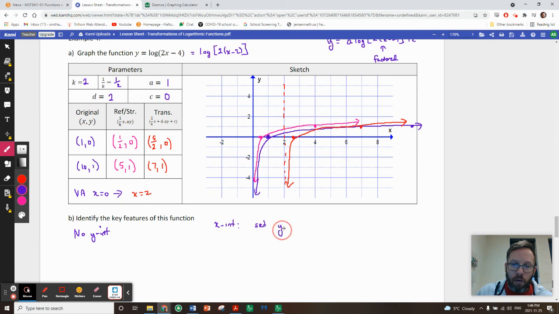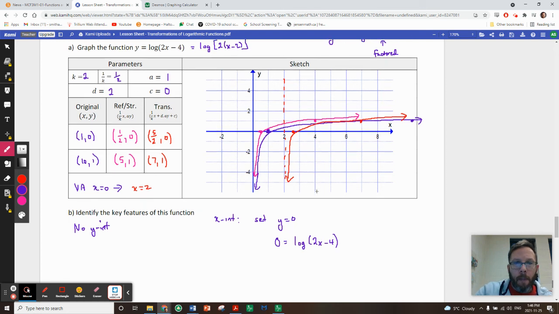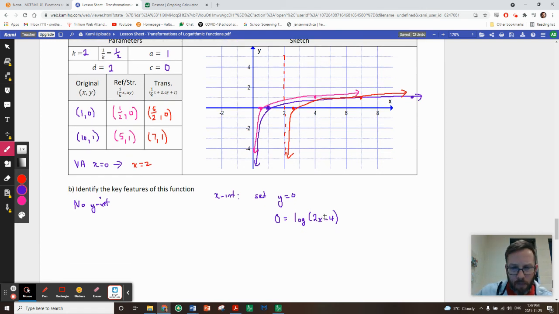Set y equal to 0. 0 equals the log of, we can use the original, 2x minus 4. So what does this mean? The base of our common logarithm is 10. 0 is the exponent. This gives us 2x minus 4. In our last lesson, I asked you guys to practice a lot of that, converting back and forth between log form and exponential form.